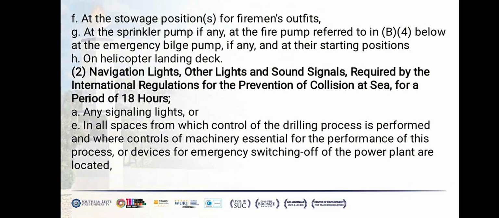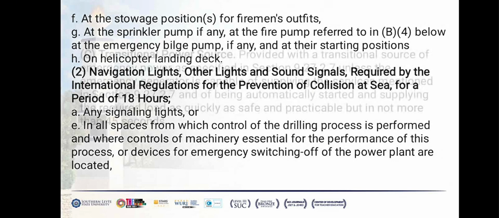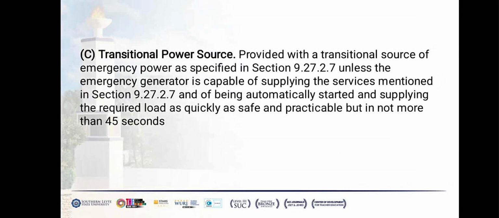A. Any signaling lights in all spaces from which control of the drilling process is performed and where controls of machinery essential for the performance of this process or devices for emergency switching off of the power plant are located. Transitional power source.